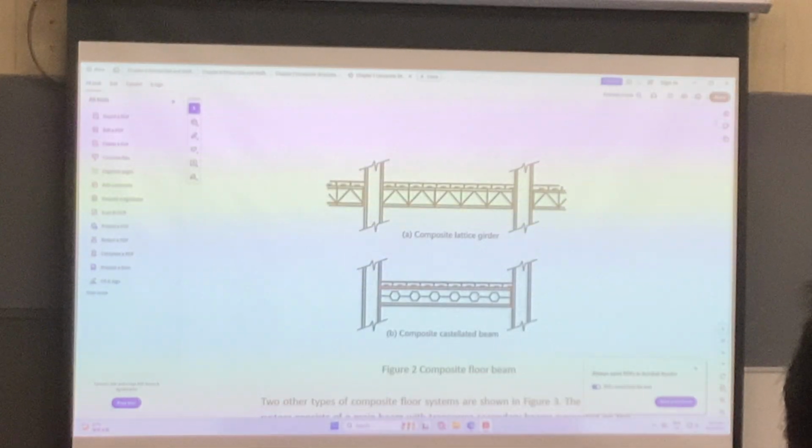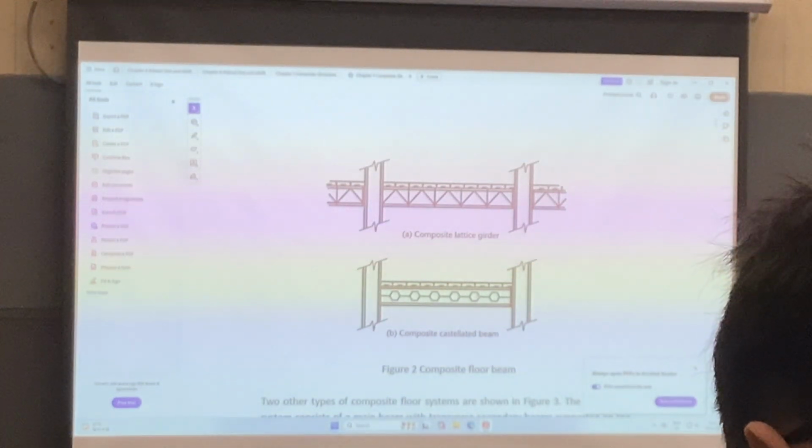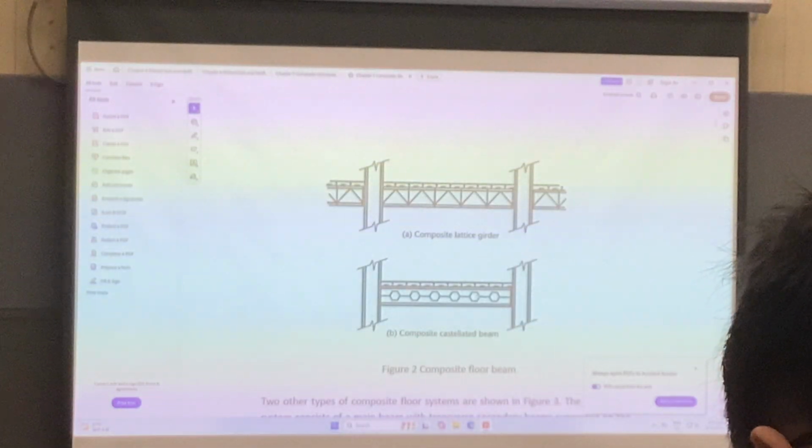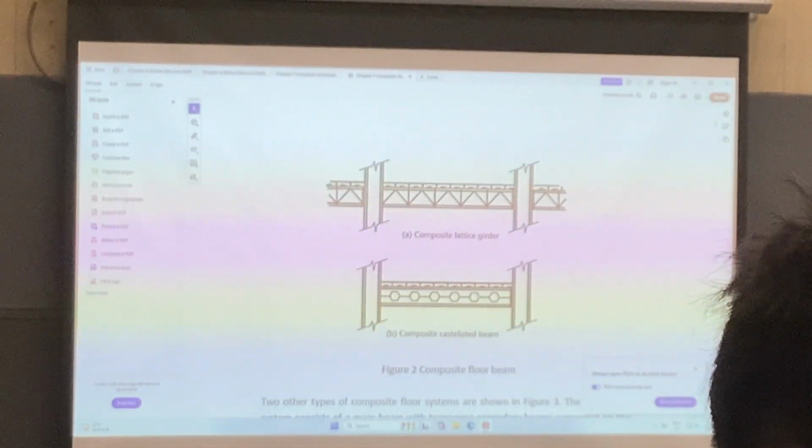Now, one of the challenges in our building design sometimes is the services, because the services usually go under the slab. Of course, you can go under the beam, but that will reduce the clear height of the building. So usually we have an in situ hole there, and you pass through the slab and the beam.